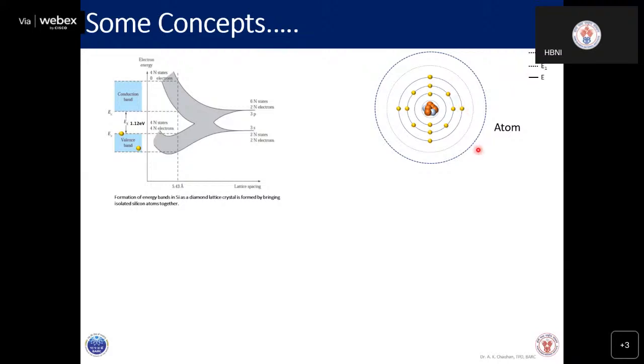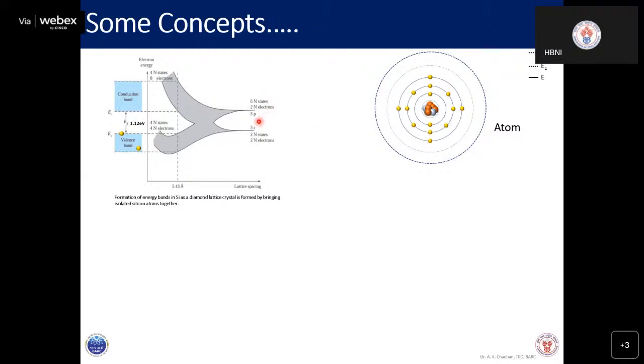When you start adding more and more atoms, suppose 10 to the power 23 atoms in 1 centimeter cube, a very huge number, so many electrons will be available in that substance, and they will be very close to each other, and the nearest neighbors will see second, third, fourth order effects. And when it is in the crystal form, it is also inside a periodic potential.